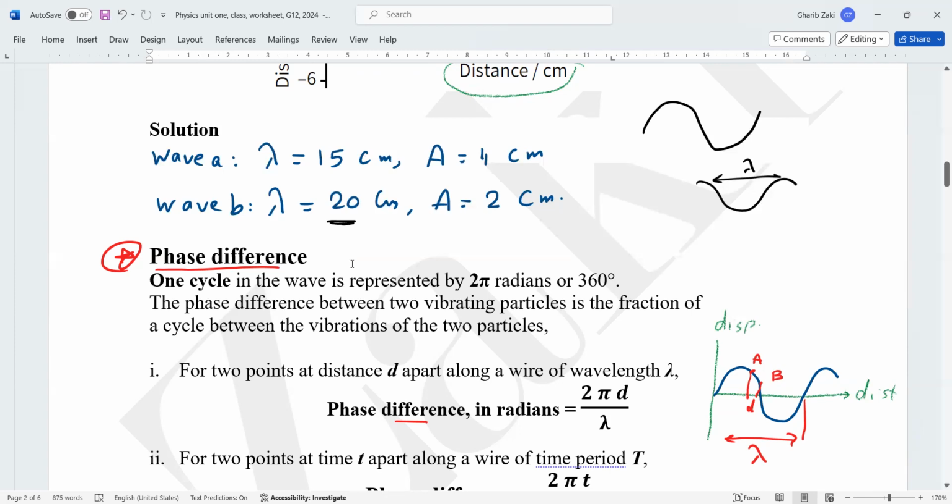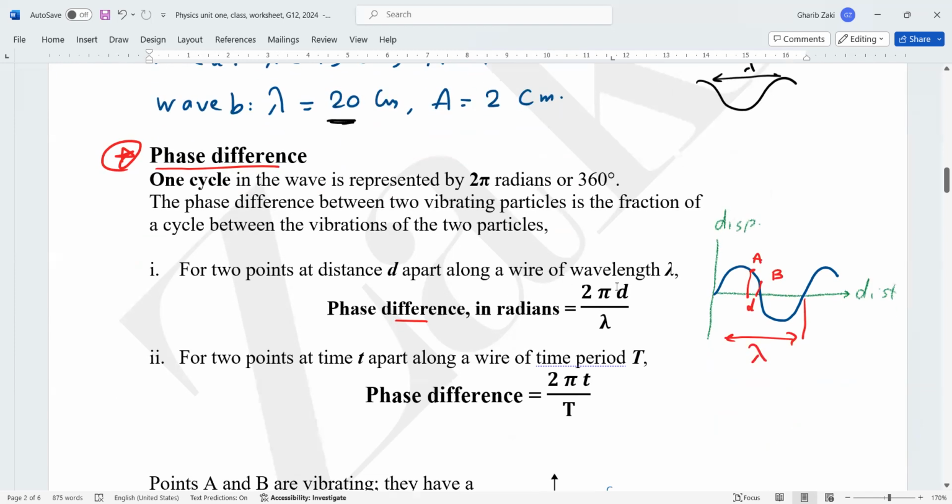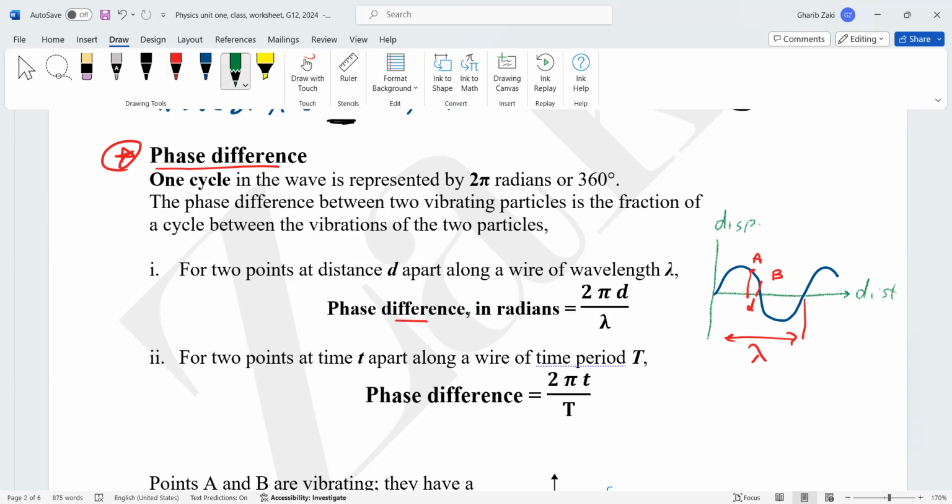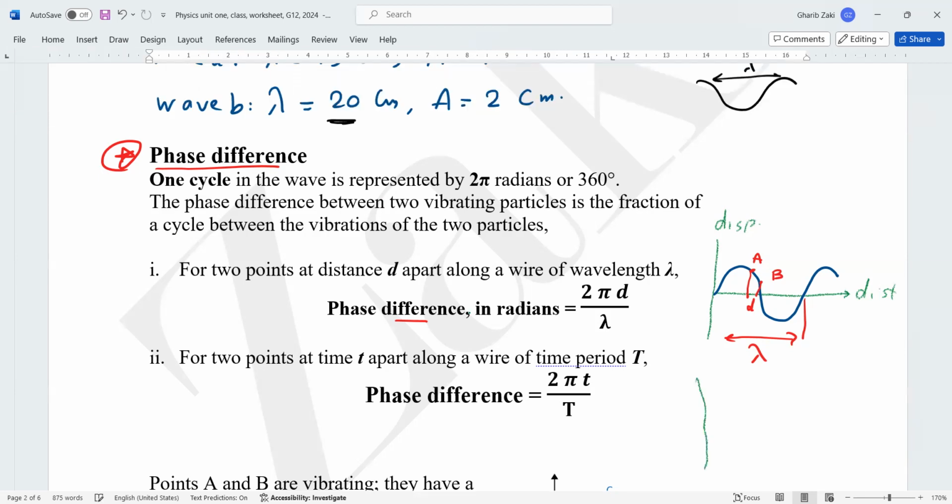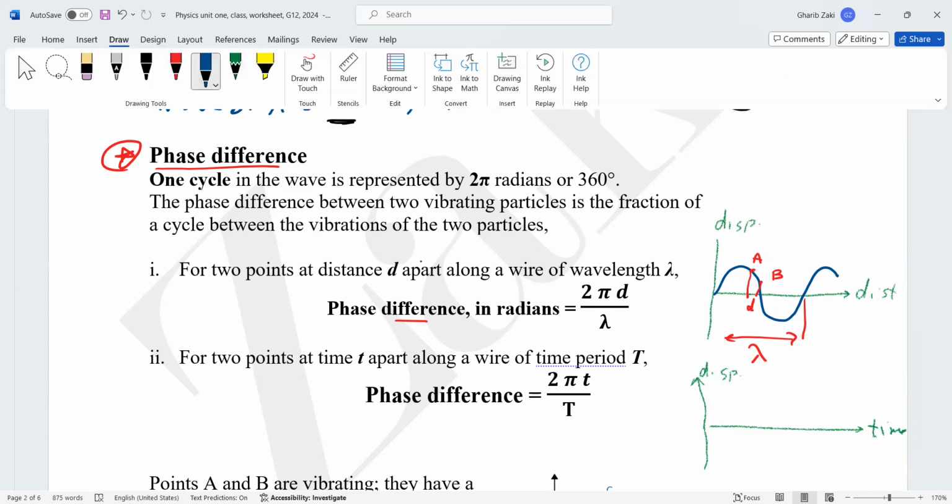So if it is a displacement distance graph, the phase difference between the 2 points is 2 pi d over lambda. If it is a displacement time graph, another graph here, displacement time graph. And here we have this graph. Can you see?